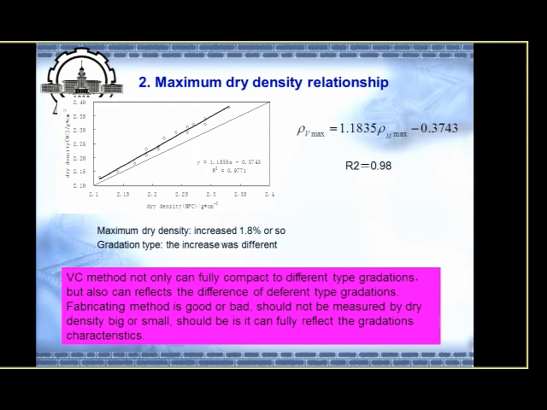Whether a fabricating method is good or bad, I think, should not be measured by the dry density. It can fully reflect the gradation's correctness. But in China, some people do this test and say that the maximum dry density being higher means the process is good. I don't think so.